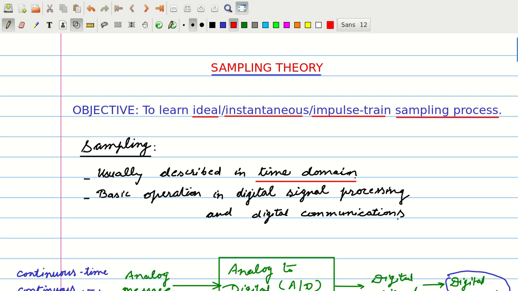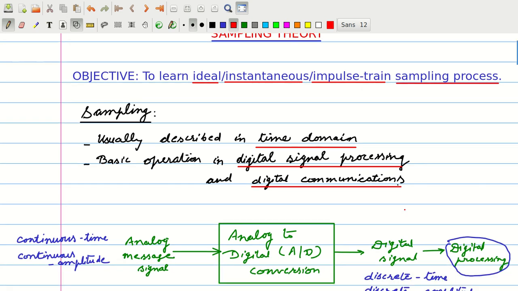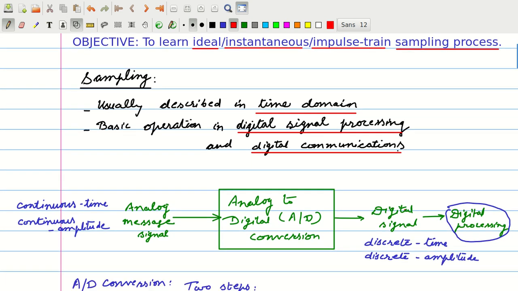Sampling is a basic operation in digital signal processing and in digital communications. For example, in digital communications, the message that is transmitted, the information, is usually in analog form, such as speech or music, but it is processed digitally, both in the transmitter and at the receiver.